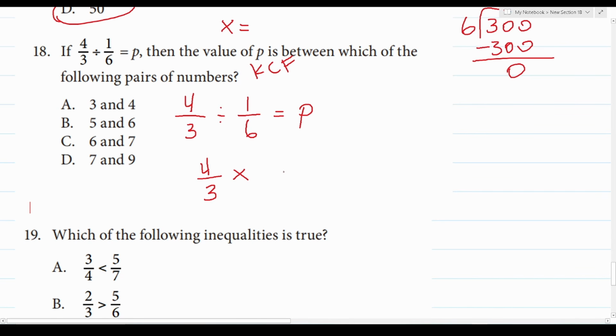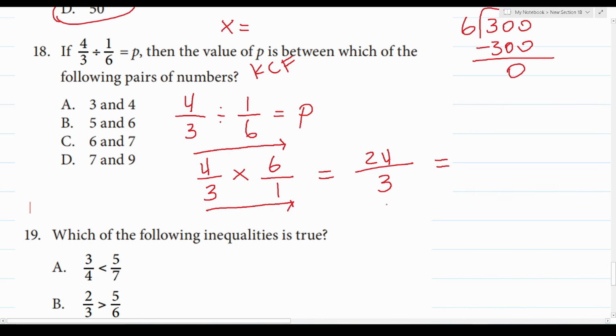So instead of being 1/6, it's going to be 6/1. And now, instead of doing division, keep change flip enables us to do multiplication. And when you multiply fractions, you just multiply straight across. In other words, this becomes 4 times 6, which is 24, and 3 times 1, which is just 3.